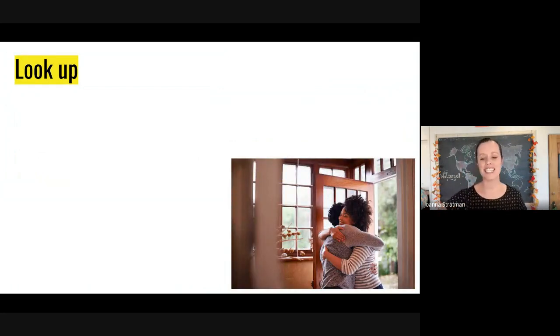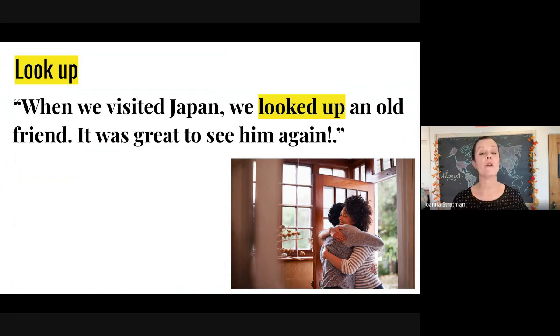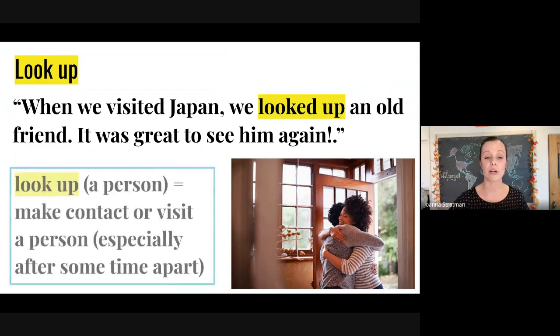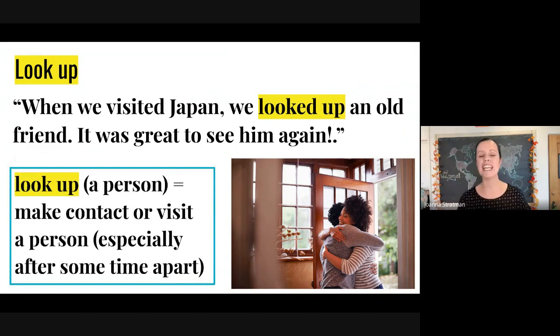For our next example, we have a little bit more of an informal use of look up. When we visited Japan, we looked up an old friend. It was so great to see him again. In this context, if you use look up with a person, it means to make contact or visit a person.